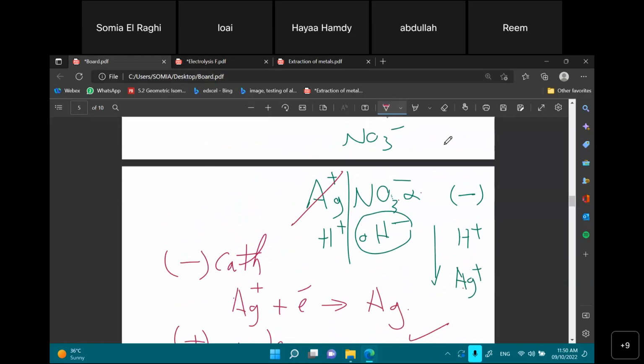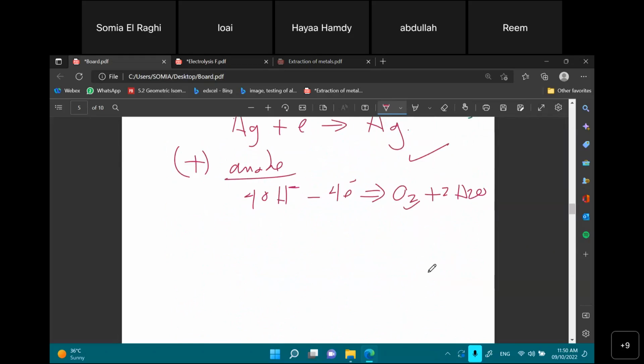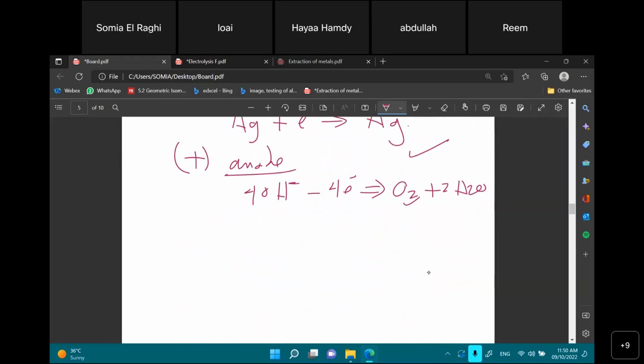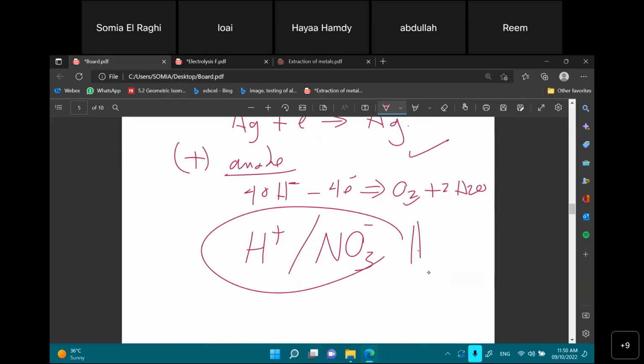Then what is left over? A nitrate ion and H plus, what will it form now? What remains in the electrolyte? Very good, we get nitric acid. So H plus and one nitrate ion combined together, we get HNO3.